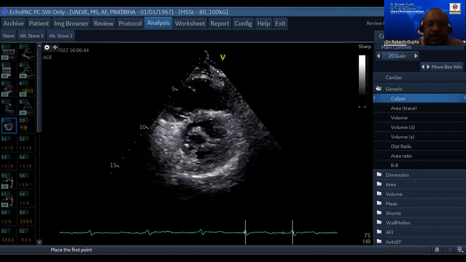Now, this is what the image is, parasternal short axis view at mitral valve. Look, there's small thickening of lateral as well as medial commissures. You can see these commissures are not really thickened. There is some speck of calcium present on these commissures, whether lateral or medial.